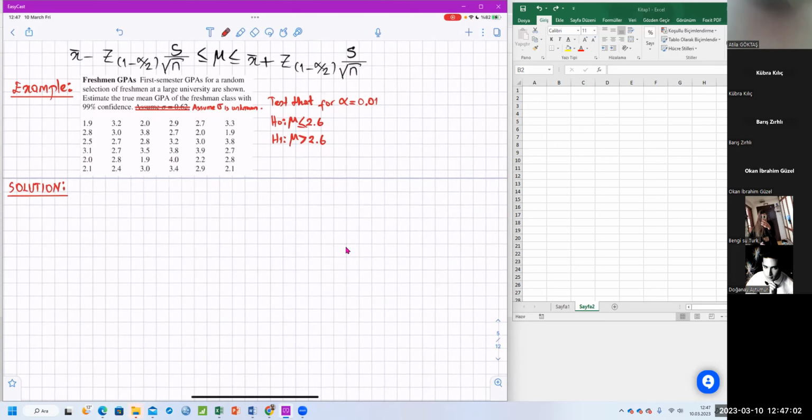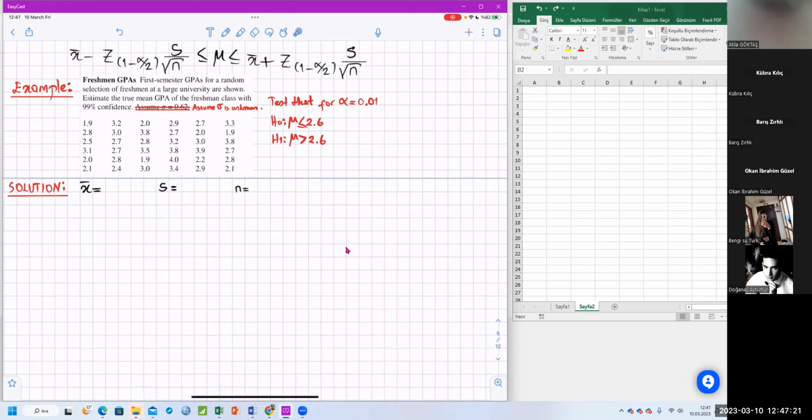Okay. So we need to calculate the X bar. The sample standard deviation, we need to know the result of the sample standard deviation. I need to know the sample size.